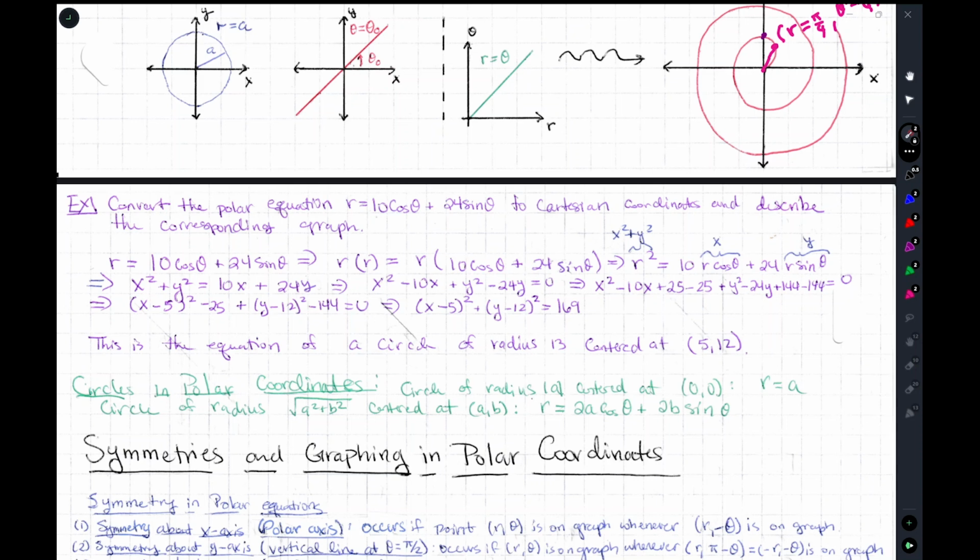Okay, so let's look at an example with polar equations. So we've got this polar equation. Again, we plug in values of theta and get an r value. And we want to know how that looks in Cartesian coordinates. Well, here are some tricks to convert such an equation into Cartesian coordinates.